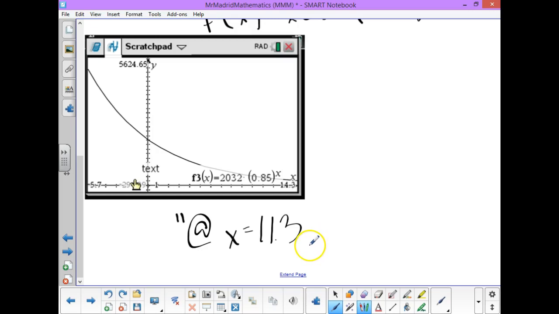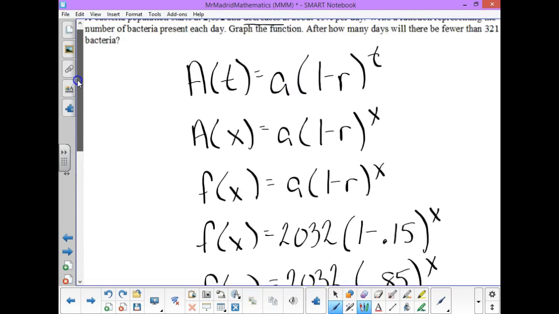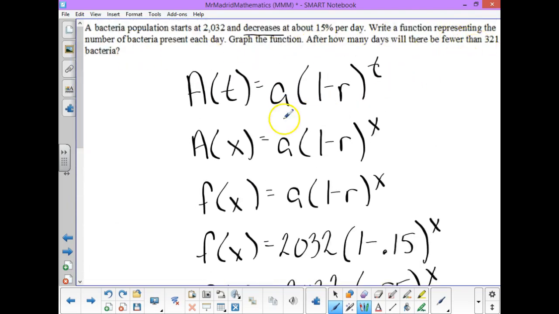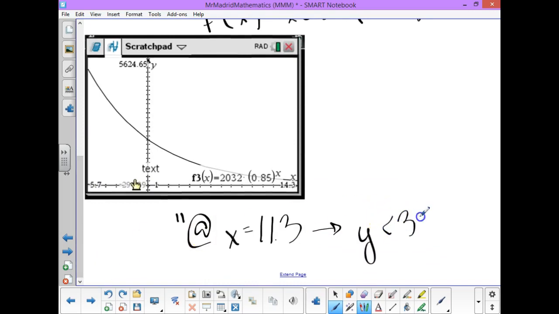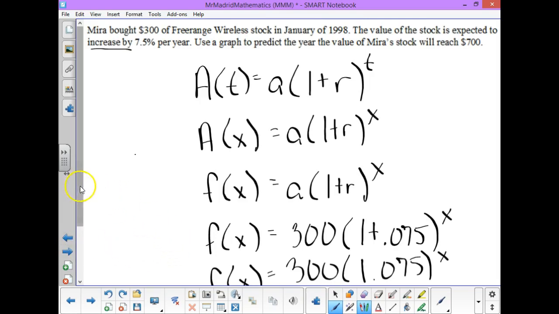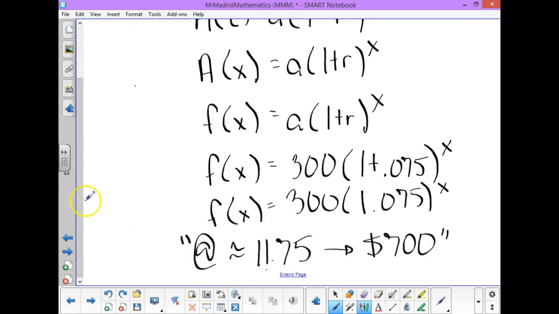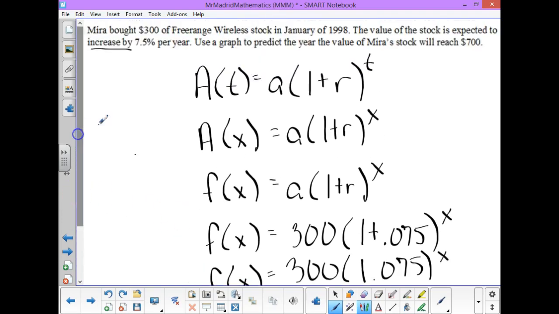What is it asking for? And then we've got what? Our y. Let me go back to the question. Will there be fewer than 321? Our y is less than 321. Okay. All right. Let's go back here real quick. And I'm going to edit this statement here so that it's more consistent with this last one we did.